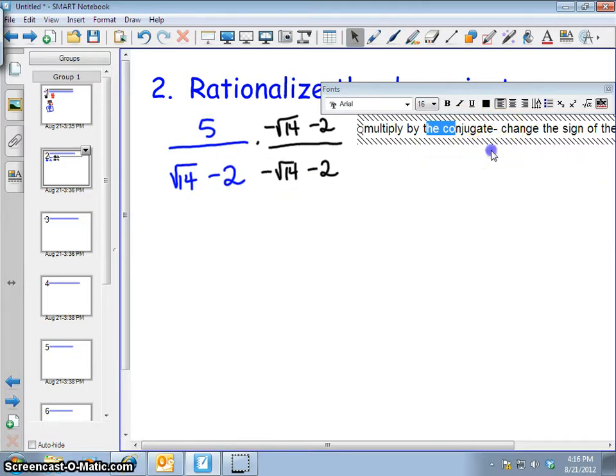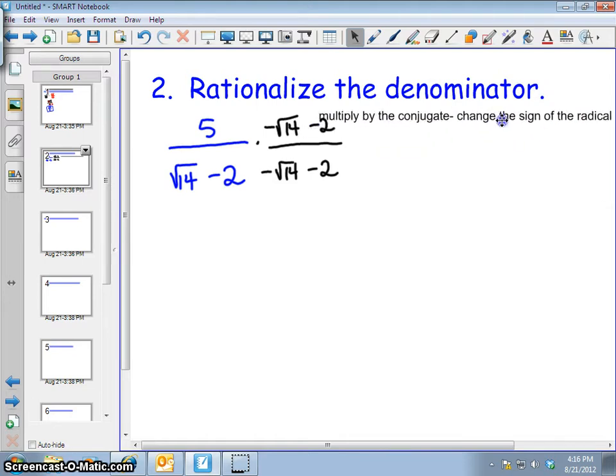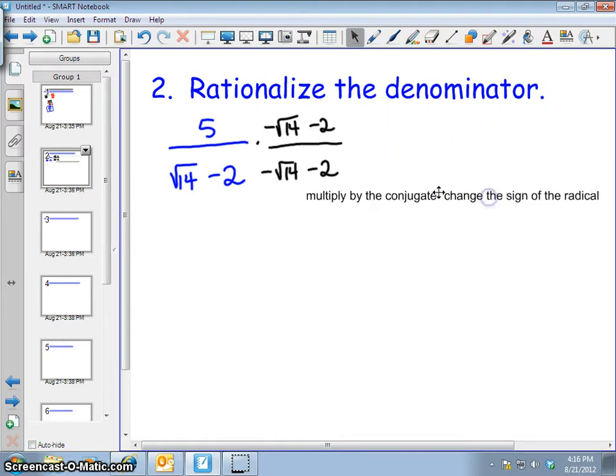Sorry about this. I was trying to resize that and I'm having trouble with it. There we go. Okay, so we change the sign of the radical. We leave the negative 2 alone. That sign does not change.